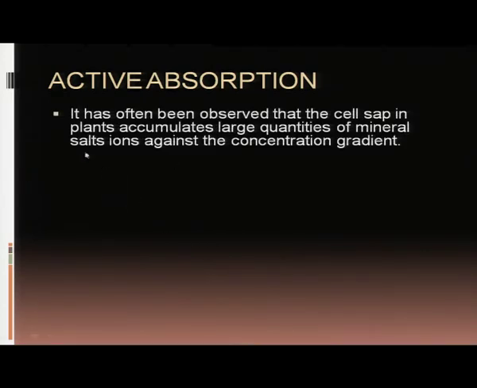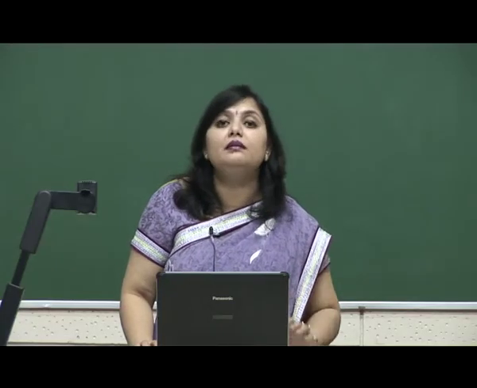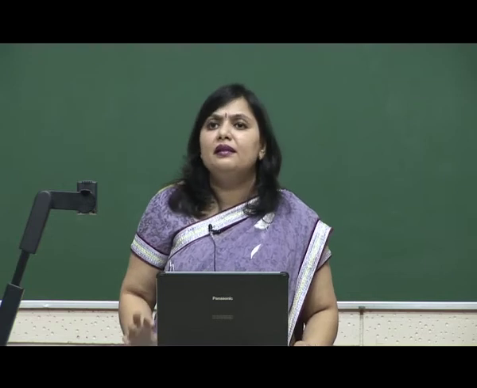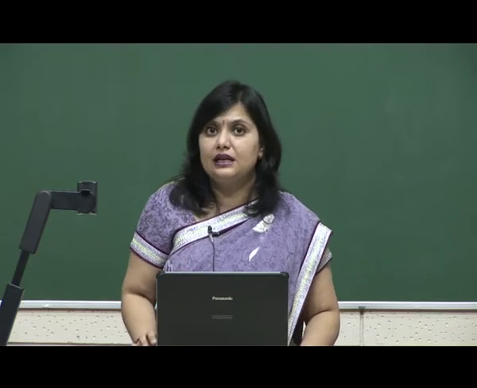It has often been observed that the cell sap in plants accumulates large quantities of mineral salts against the concentration gradient. Obviously, not always will the plant depend upon the external medium for uptake of mineral ions. Many a time the plant would need to gather large numbers of ions against their concentration gradient inside its own body.